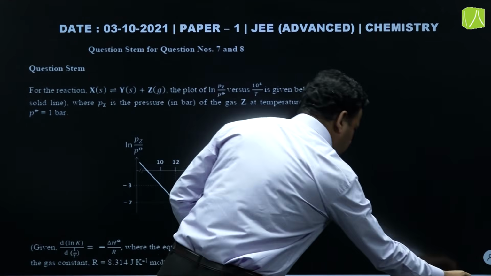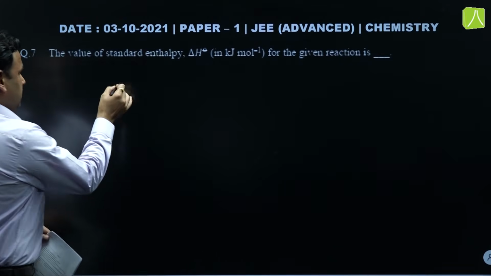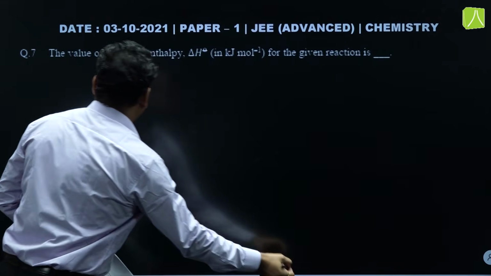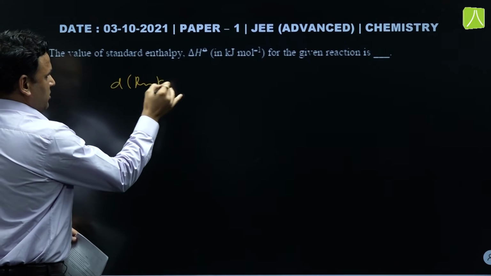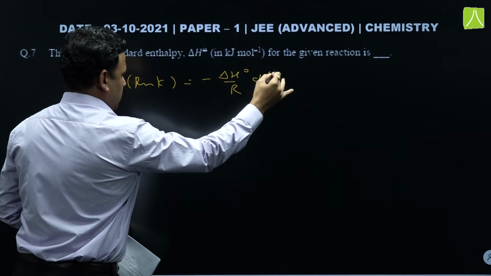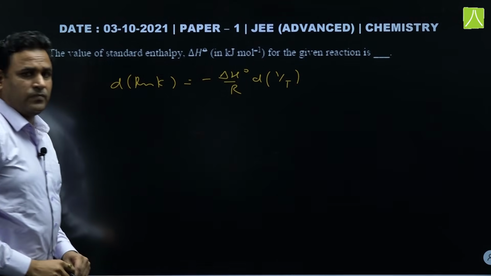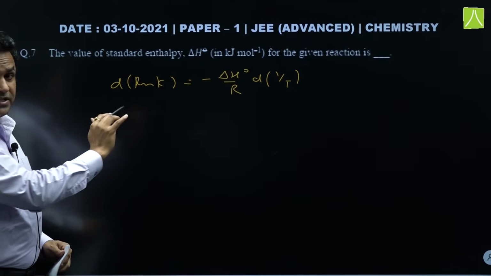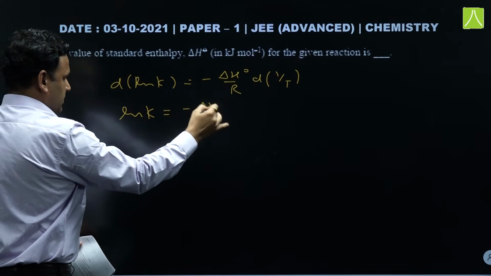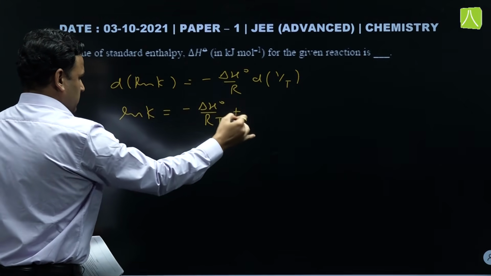So, we already know that d ln k is equal to minus delta H naught upon R into d of 1 upon T. If we integrate this equation, we get ln k is equal to minus delta H naught upon RT plus some constant.